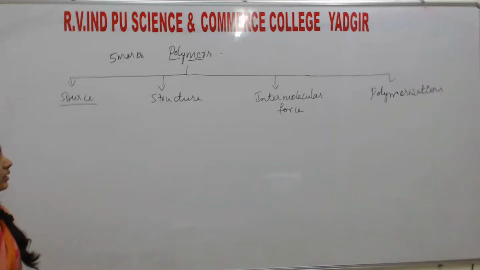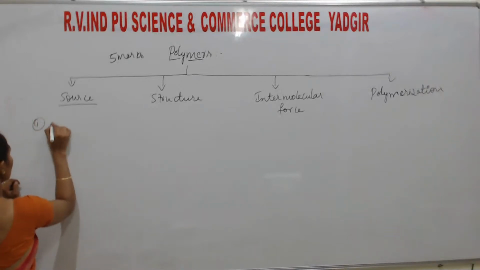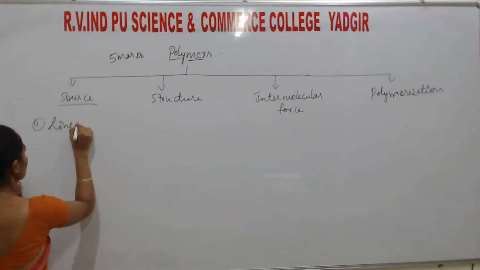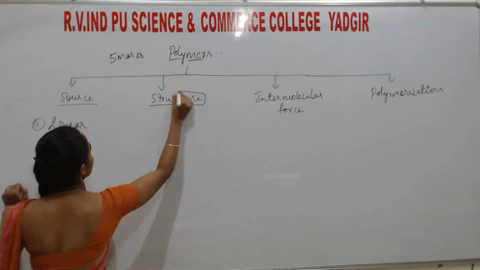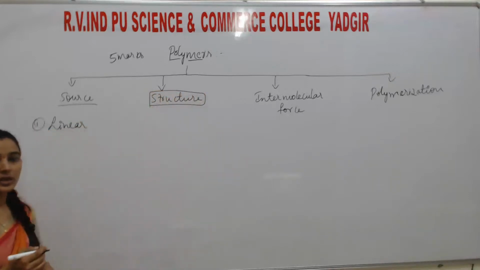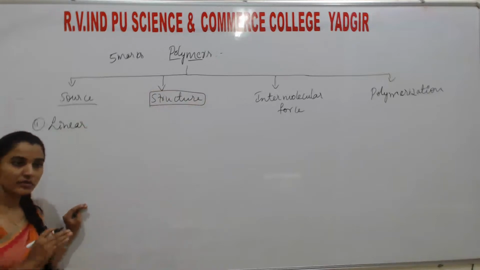Next, based on structure, the first one is linear. Linear means straight.